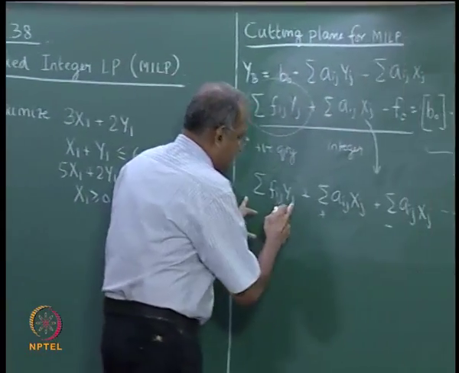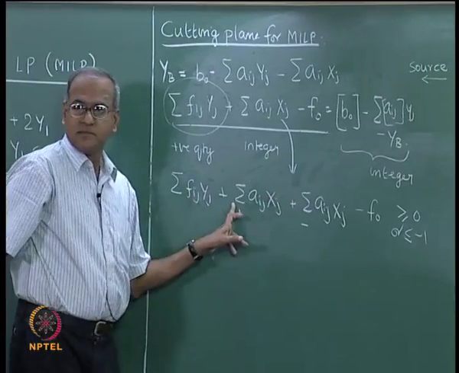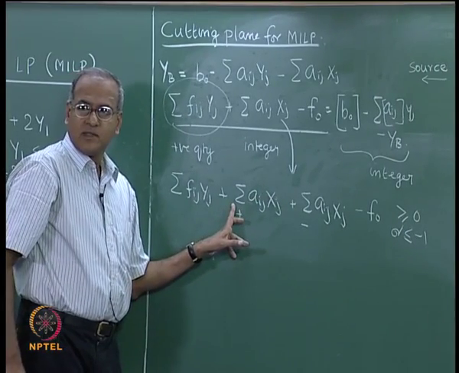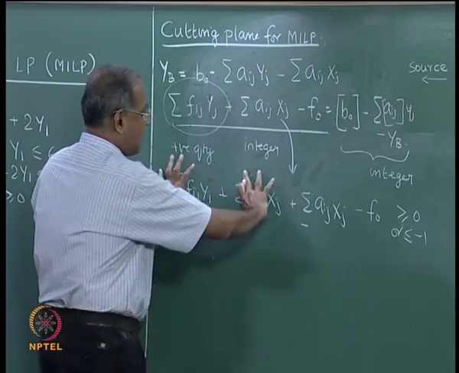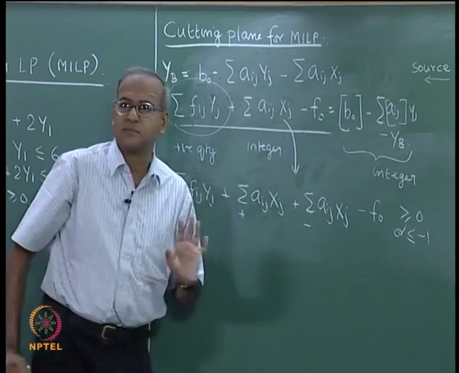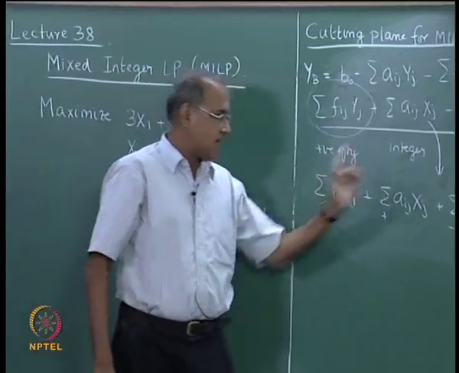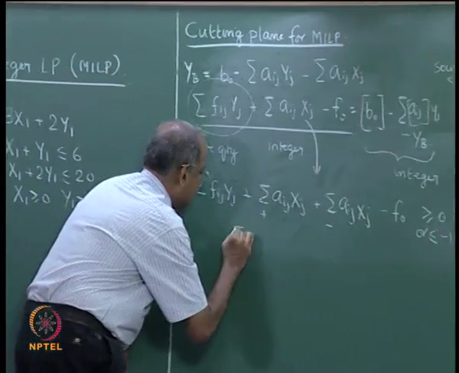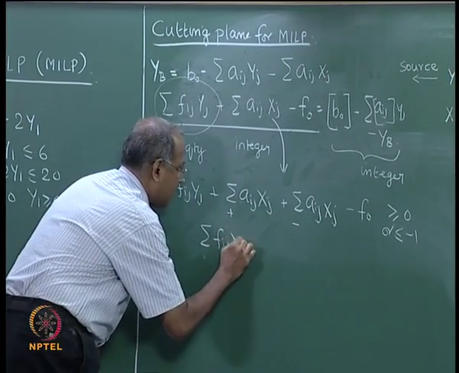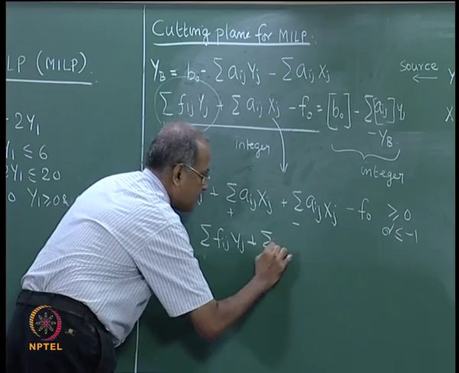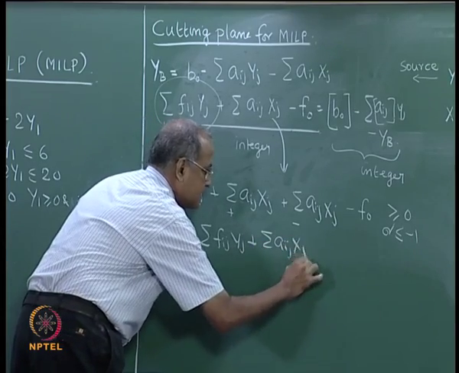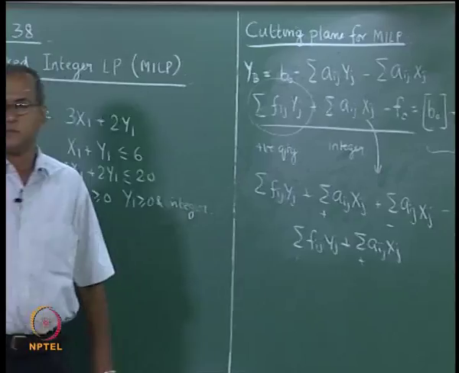Now this is a positive quantity, this is a positive quantity. So these two are positive quantities. So you can now write this as sigma Fij Yj plus sigma Aij Xj plus quantity.